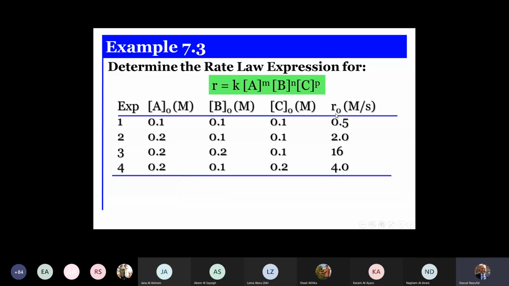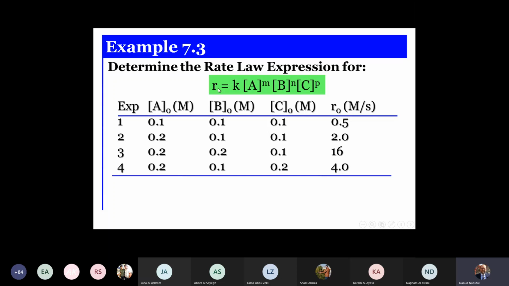So student 1 knows R0, and students 2, 3 and 4 know the rate of the reaction at t equals 0. I will divide the rate law expression of student 1 by the rate law expression of student 2. I will eliminate the concentration of B and I will eliminate k.